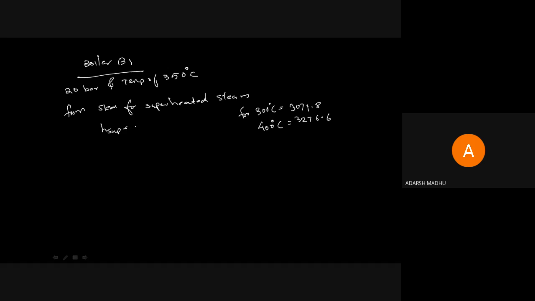So you want to get the value for 350. Since it is 350, we can find it quickly: add the two and divide by 2. You will get the value for 350 degrees Celsius: 3071.8 plus 3276.6 divided by 2. You will get the H superheat value.